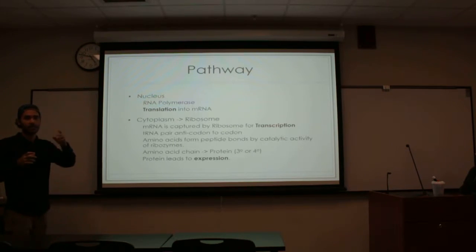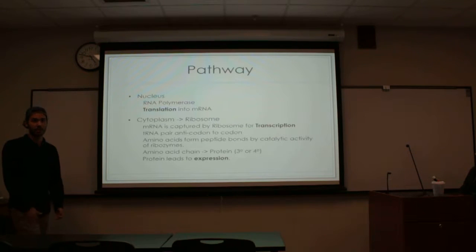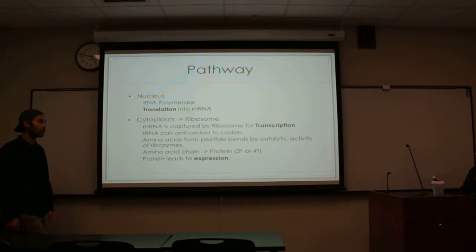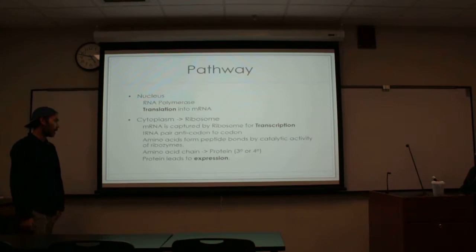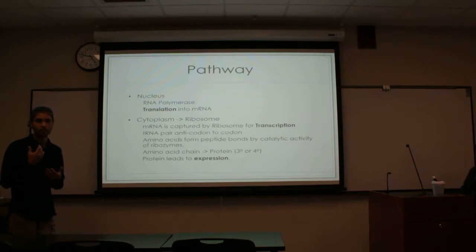And as it moves down, they fall out of the E site, which is basically just the exit site. So once it's bonded, it's empty, no longer needs to be there, so it falls out and gets recharged with an amino acid.